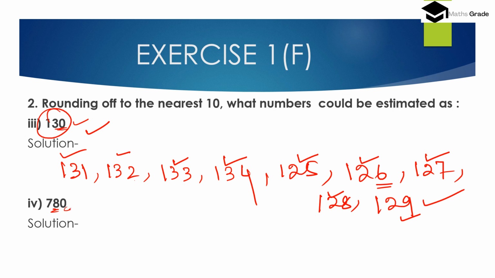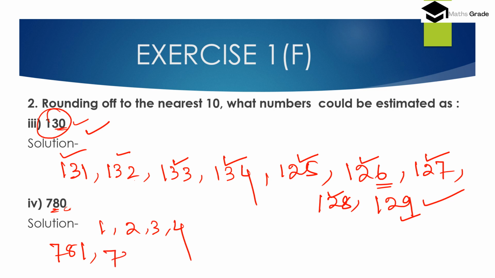So the unit place digit is 1, 2, 3 and 4, and the numbers are 781. Unit place digit is 1. 1 is less than 5, so we don't add 1 to this tens place digit, just write down 8 as it is, and this 1 changes to 0. 781 rounded to the nearest 10 will be 780.